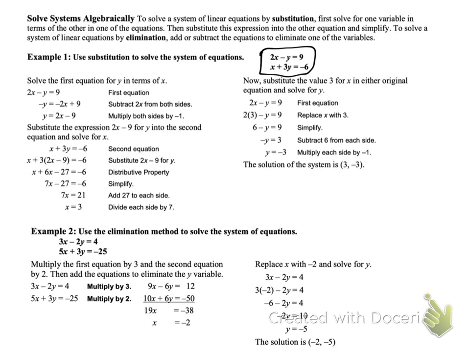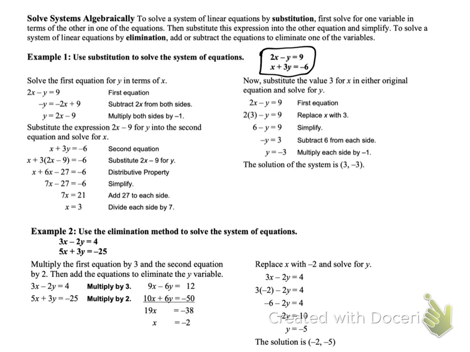Our next step here is we want to plug it back in to one of the original equations, okay? The easiest thing to do is plug it back into the line that we isolated the variable in, because it's less steps. You can plug the 3 in for x and you'll have y. Y equals 2 times 3 minus 9, y equals 6 minus 9, y equals negative 3.